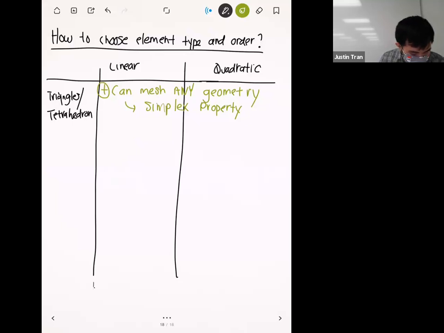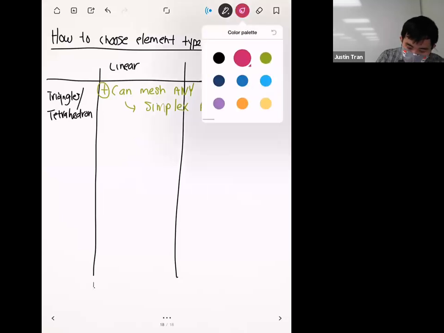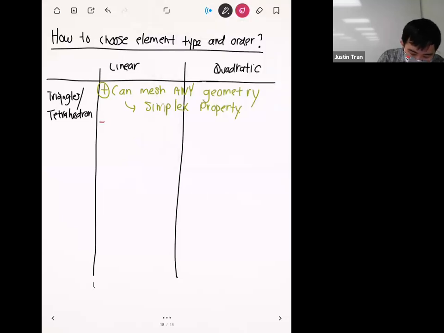All right. And one downside to this is that even though they can be used to mesh any geometry, they're not that efficient in doing so.